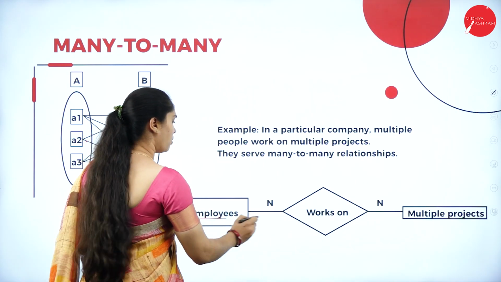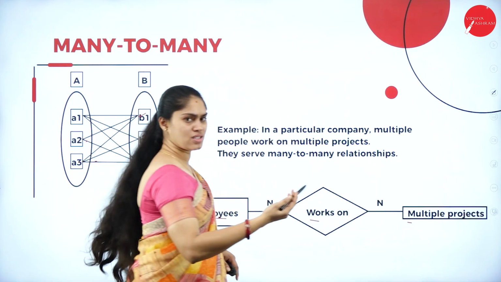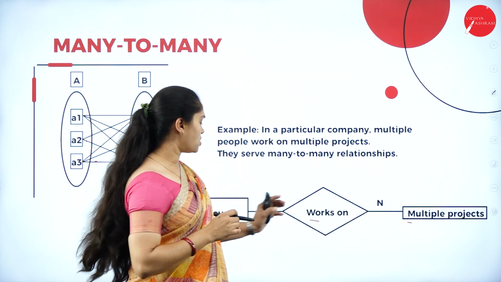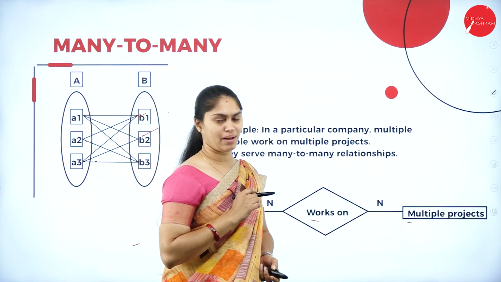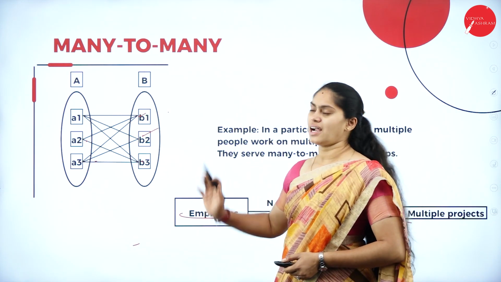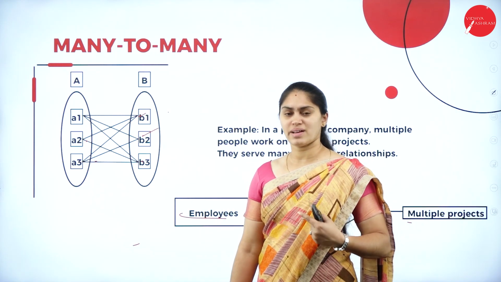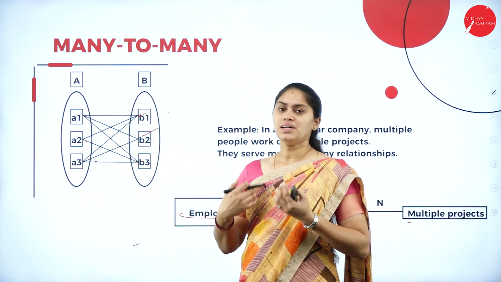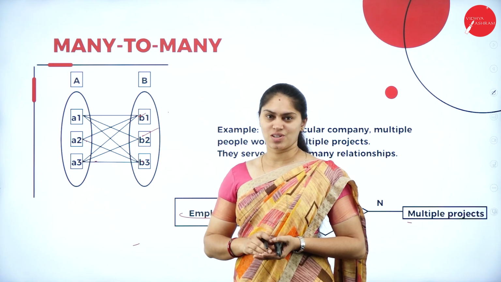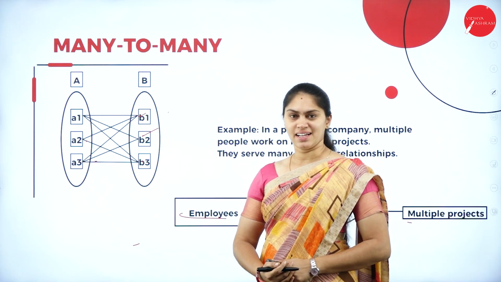And here, multiple employees work on multiple projects, so that's what makes it many to many. So these are the different types we have with respect to the cardinality ratio. What it is specifying is that it is limiting the boundaries, or limiting the number of participations in a relationship. Now we got to know about the cardinality ratio.